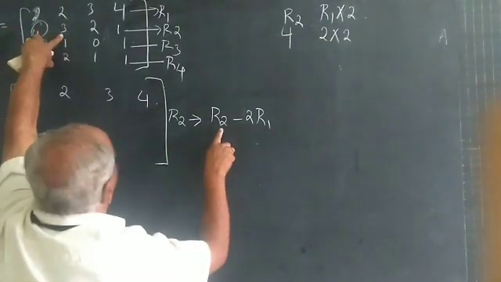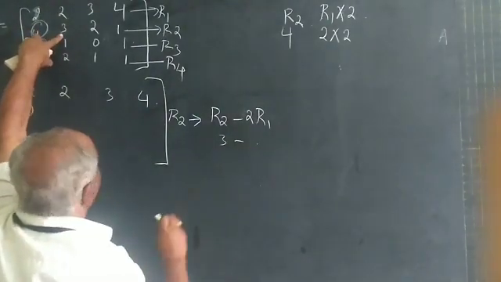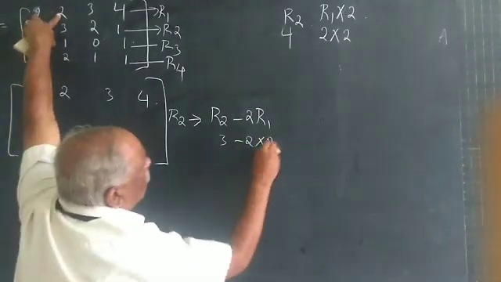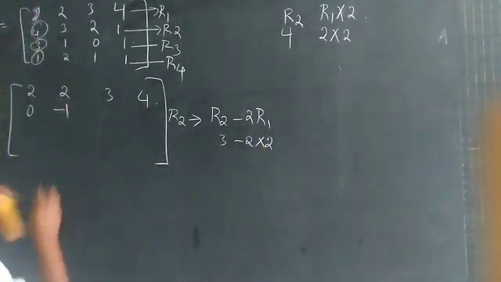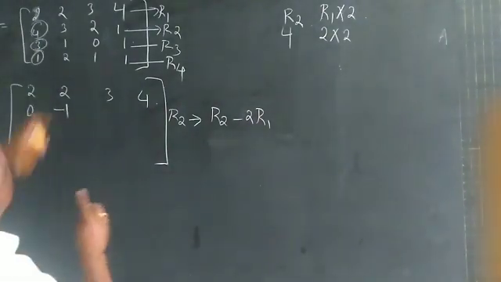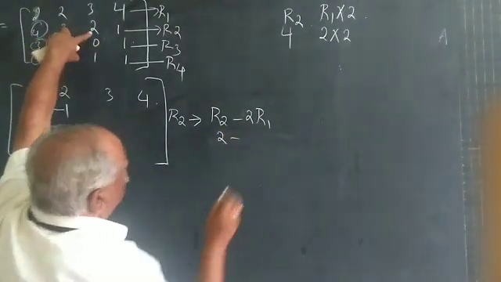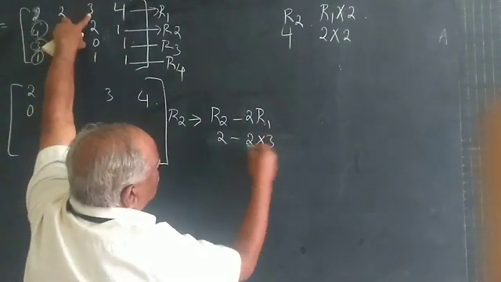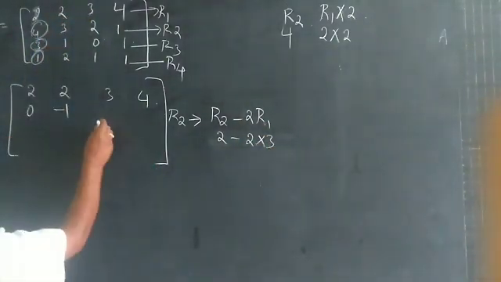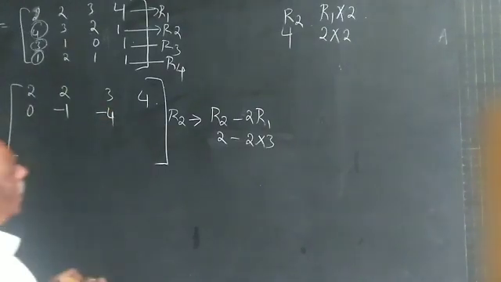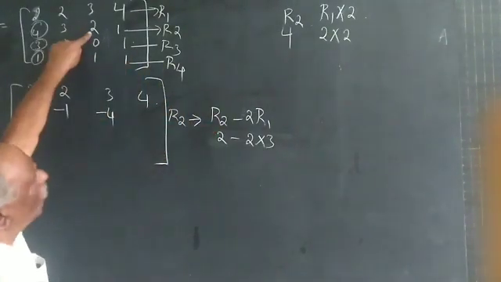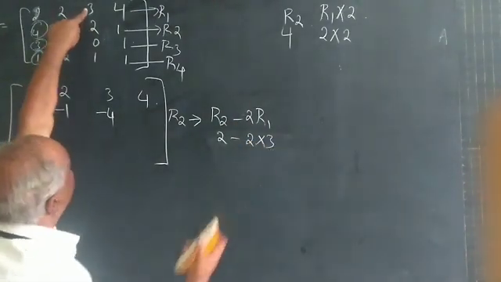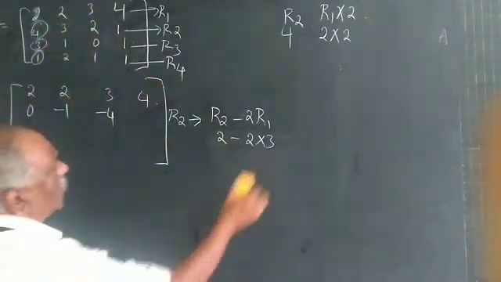Now what is R2? R2 is 3. 3 minus 2 into R1, and R1 is 2: 3 minus 4, that is minus 1. Next, R2 is 2: 2 minus 2 into R1, and R1 is 3: 2 minus 6, that is minus 4.